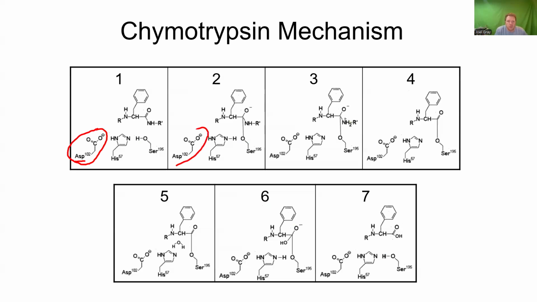Next cell, after some action has taken place, deprotonated, negatively charged. Third cell, fourth cell, fifth cell, sixth and seventh, all the same. Aspartate is deprotonated and negatively charged.